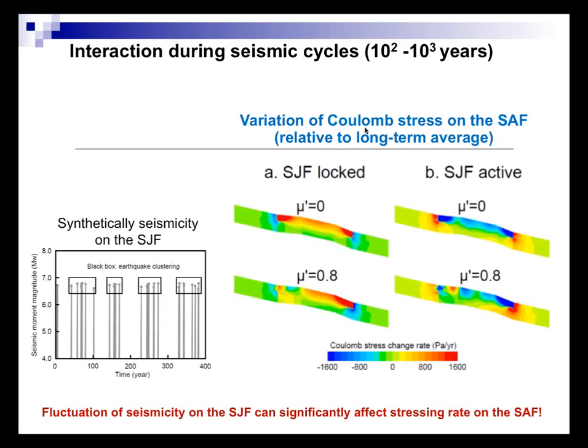So this diagram here is simulating synthetic earthquakes. Even in a simple model, it comes with clusters, not regularly spaced events. So you can compare a cluster period with a quiet period. And here we are looking at the loading rate on the southern fault by just looking at what happens on the San Andreas fault.